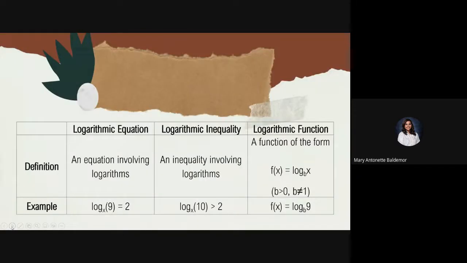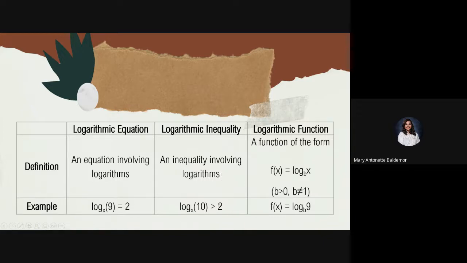Now to summarize, here are the differences of these three. For logarithmic equations, we have an equality, an equation involving logarithms. For example, the logarithm of 9 with base x is equal to 2. We have the equal sign here. For logarithmic inequality, we use the inequality symbol, which can be greater than, less than, greater than or equal to, less than or equal to.